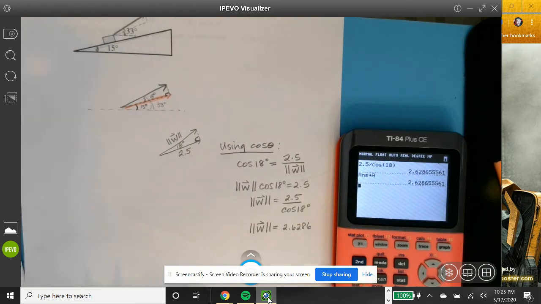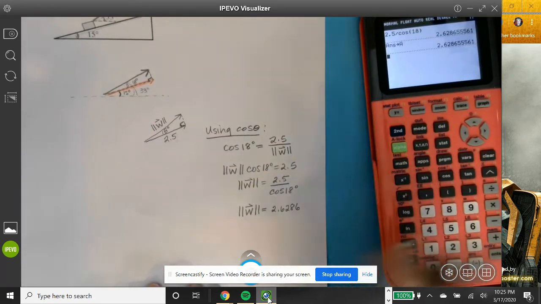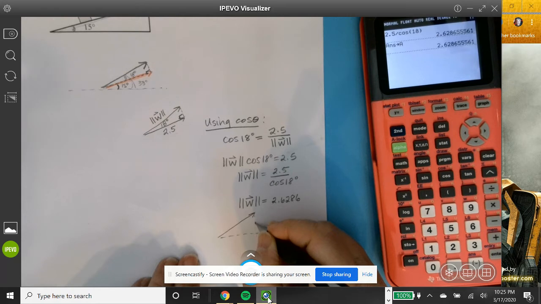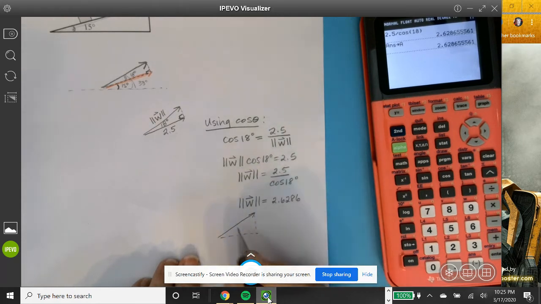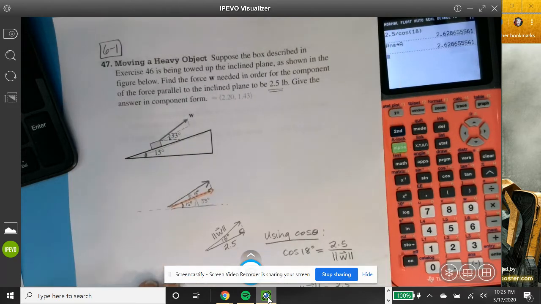Give the answer in component form. Okay, well, I found the magnitude. And the component form of W is going to be, there's W, and now I need to know what this component is and this component is. I'm going to do it in green, blue.